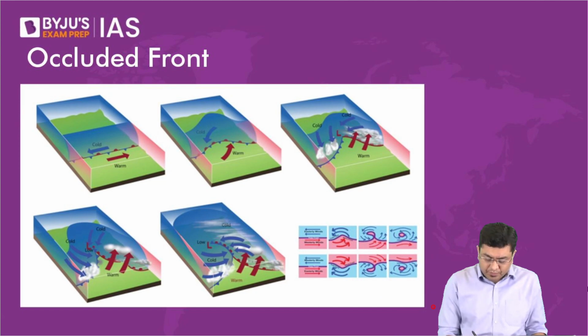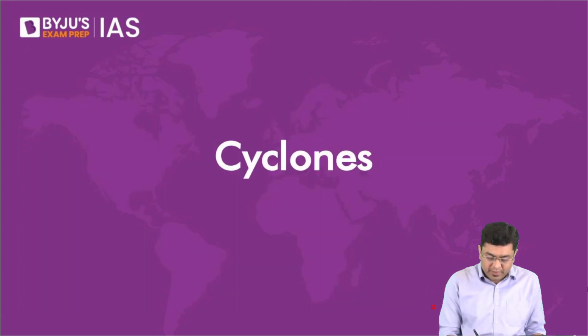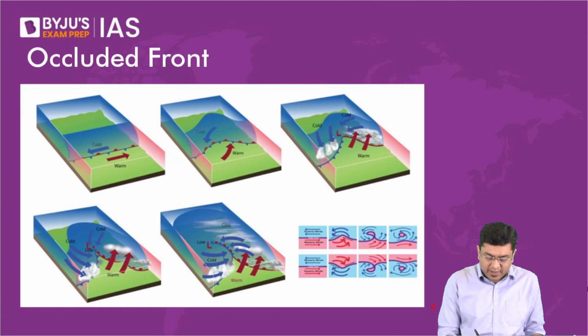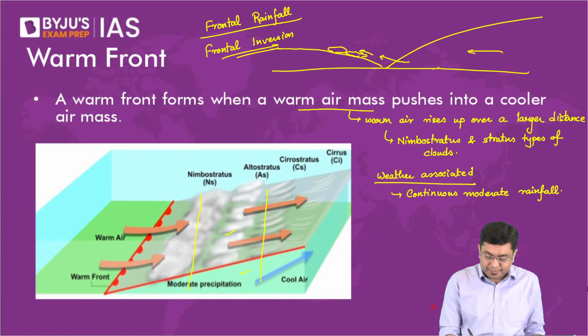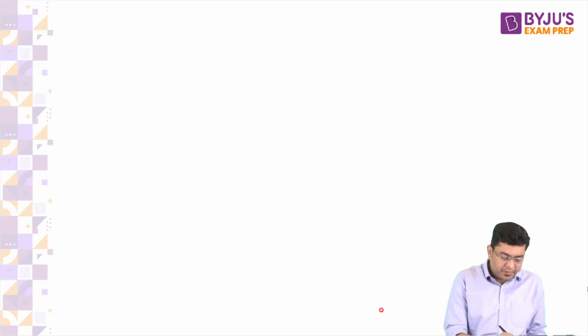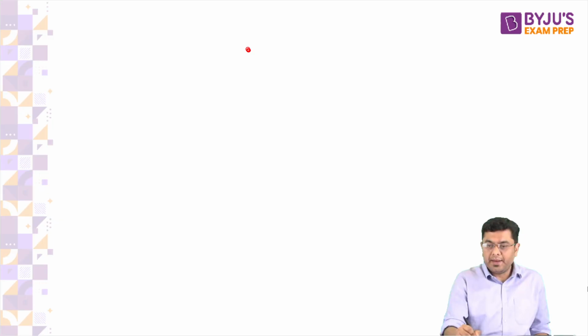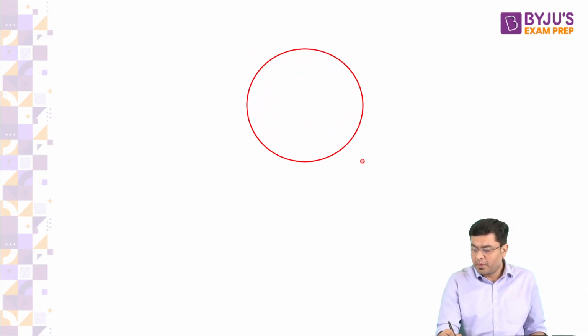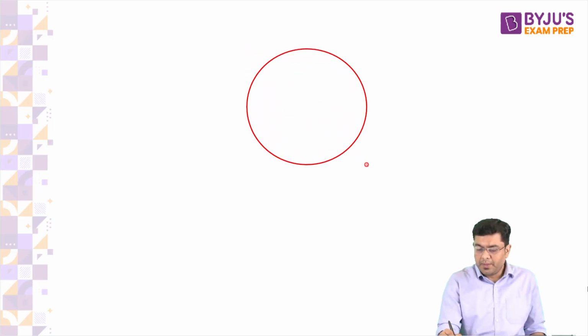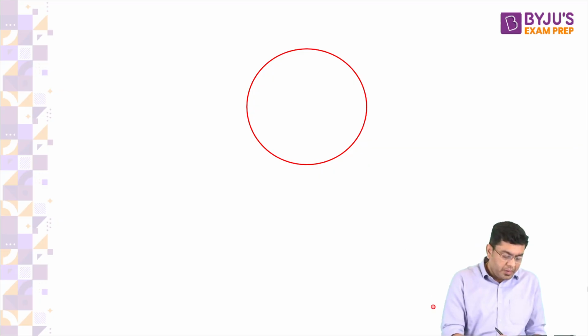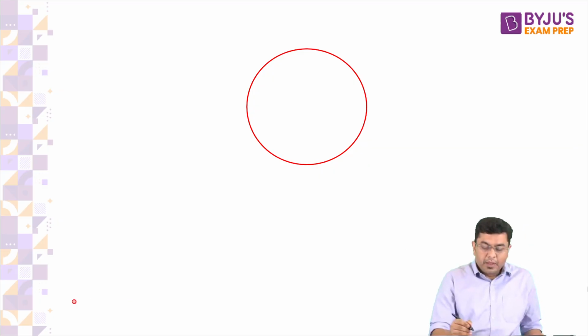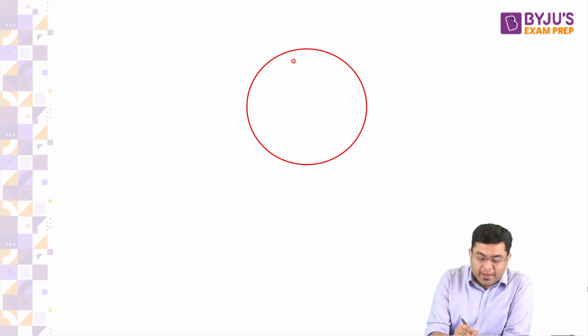So for this, let us understand a scenario. Let us think about the planet here. Now let's assume the cold air mass is coming from this region.